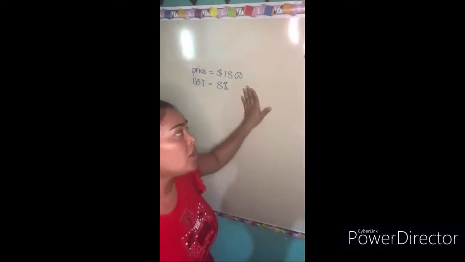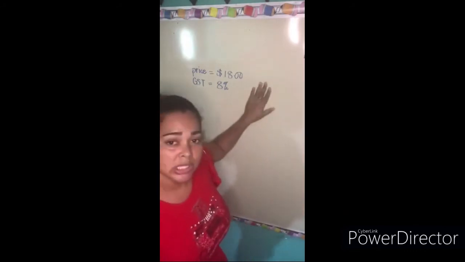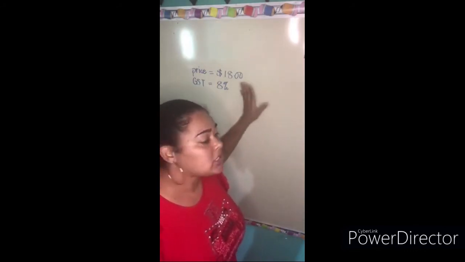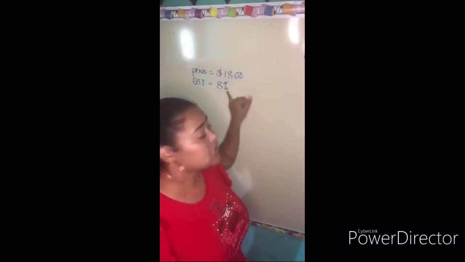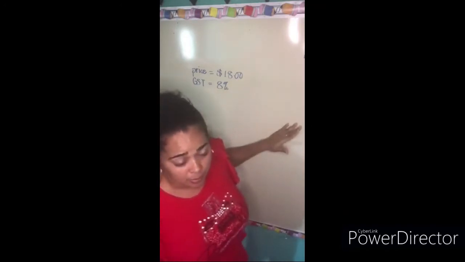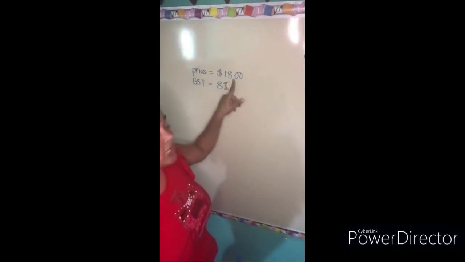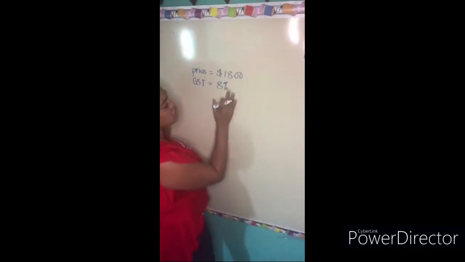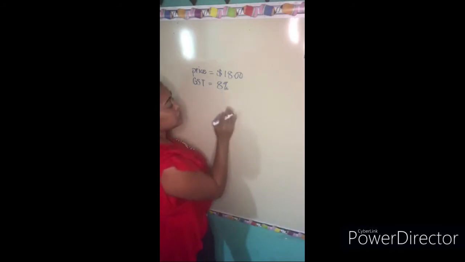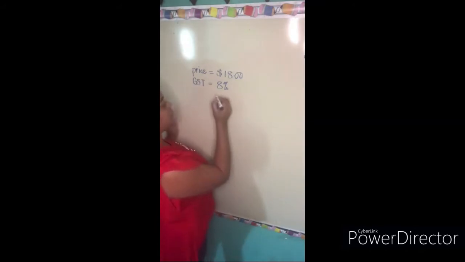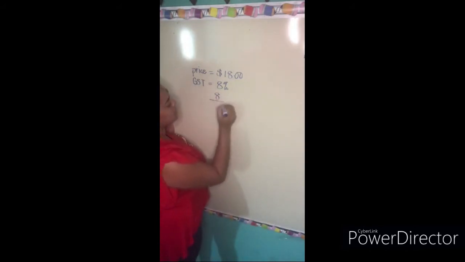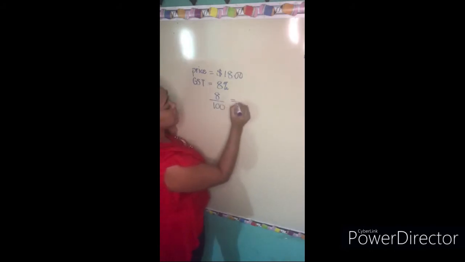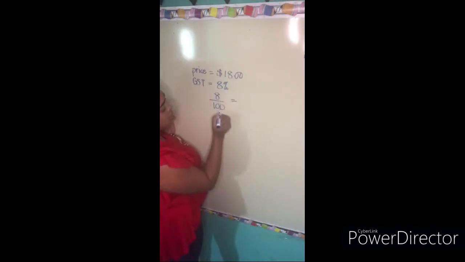All right? Now, when we are dealing with money, sometimes it is easier to change this percent into a decimal. All right? Since the money is already in decimals. Okay? So for us to change 8% into decimals, let me show you by fraction first, right? 8% is 8 over 100. To change it to decimal, how many zeros do we have here?